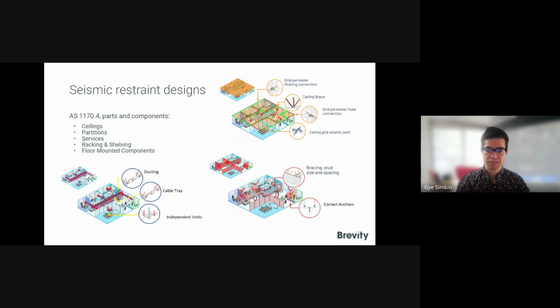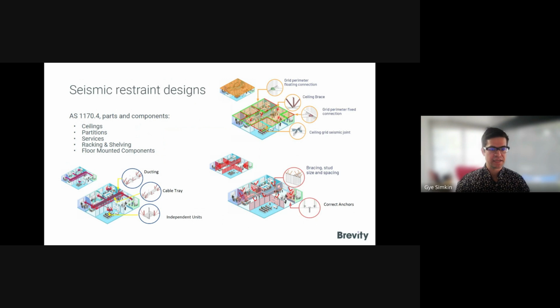So that's quite a high number. And the cost of installing seismic restraints is typically less than about 3 to 5% of the total build cost. So there's a clear value proposition there for including seismic restraint designs.